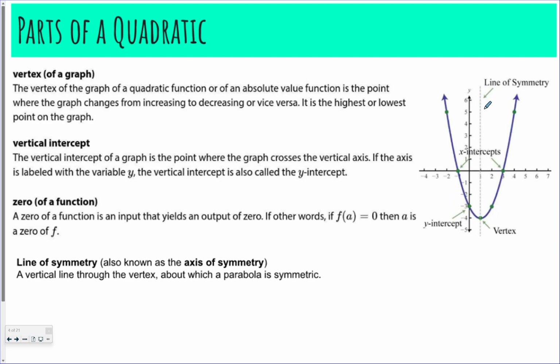And it's also where the line of symmetry crosses the parabola. So parabolas are symmetric. No matter which way they go, whether they face this way or this way, it doesn't matter. The parabola is symmetric, and the point where the symmetry crosses the parabola is called the vertex.